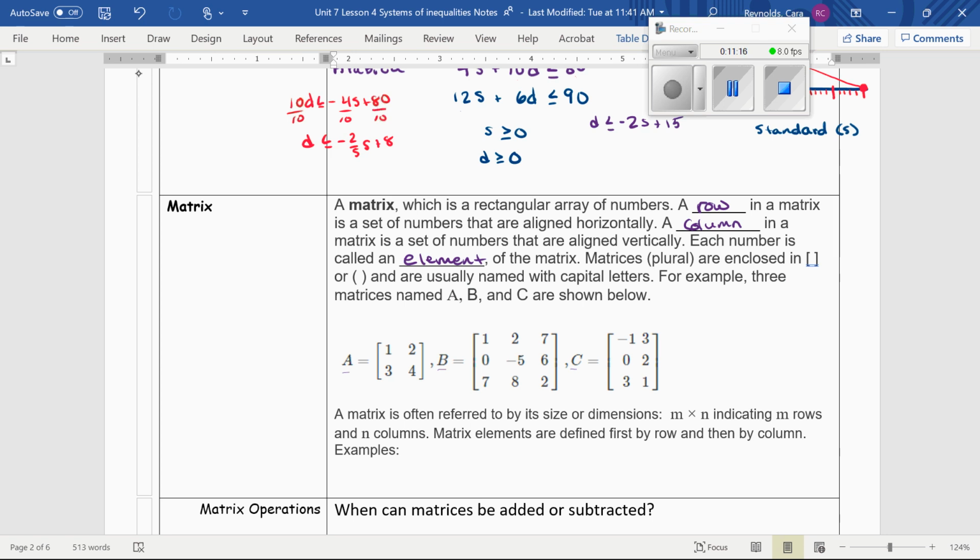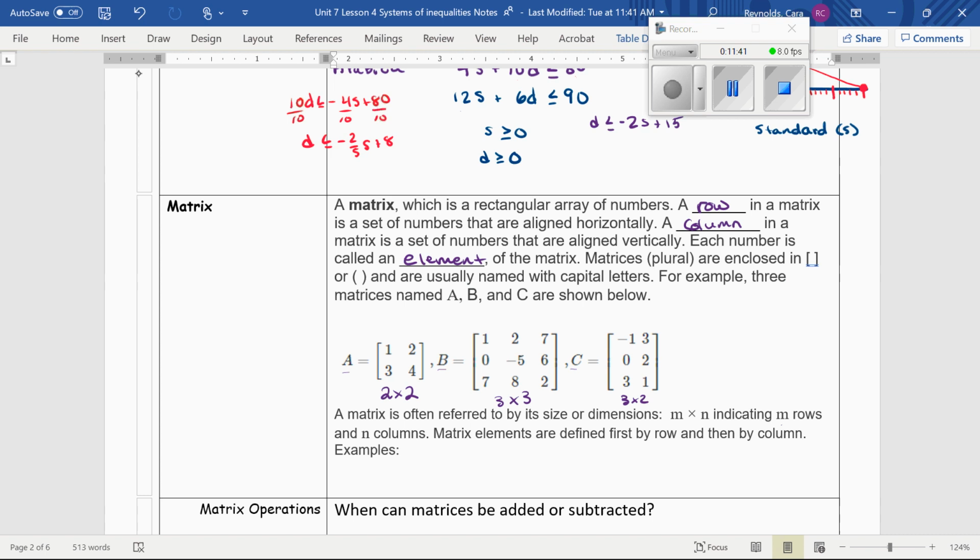We often refer to them by their dimensions, M by N, indicating M rows and N columns. Matrix elements are defined first by row and then by column. So for example, A is a 2 by 2 matrix, B is a 3 by 3 matrix, and C is a 3 by 2 matrix.